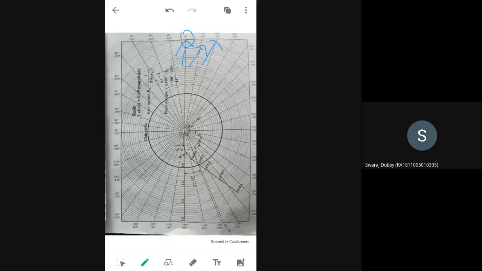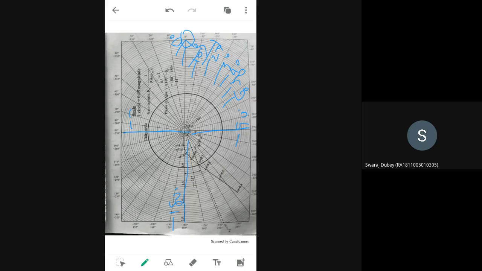So this is representing my 0 degree. This is minus 10 degree, this is minus 20, this is minus 30, minus 40, minus 50, minus 60. Here I will have my minus 90, here minus 180, here minus 270.